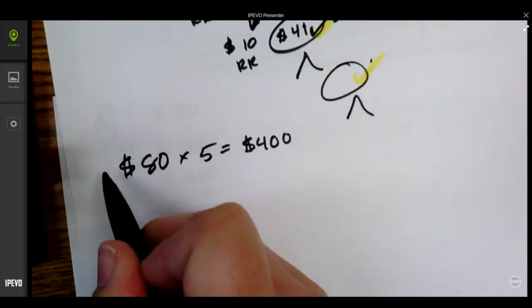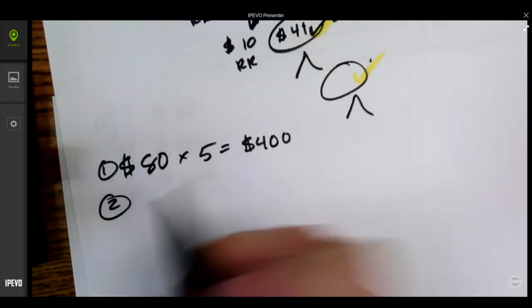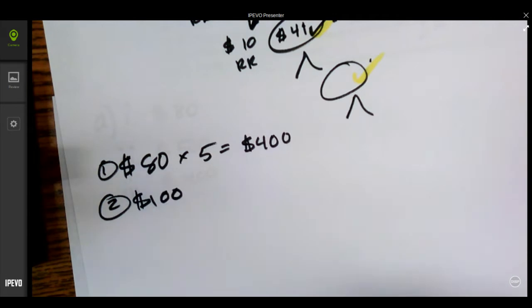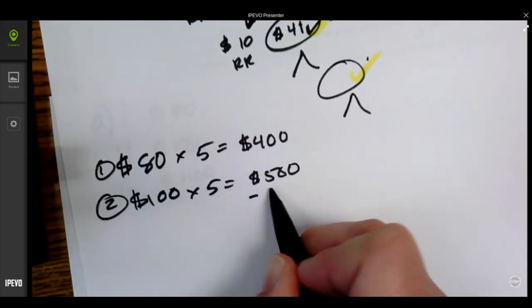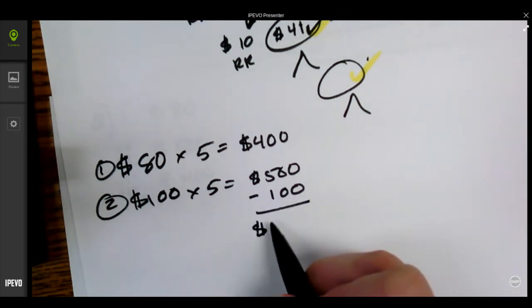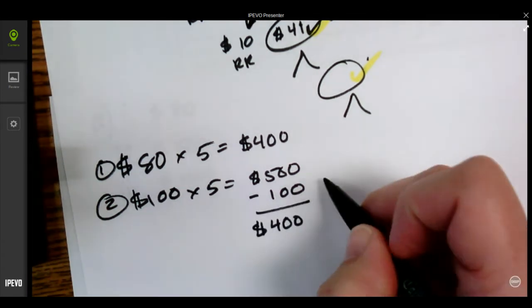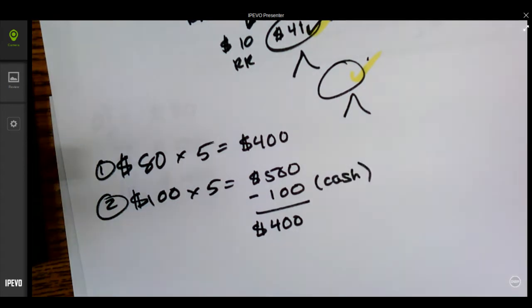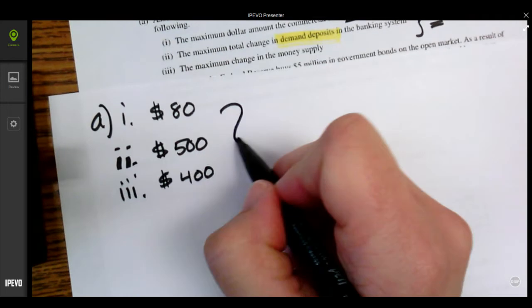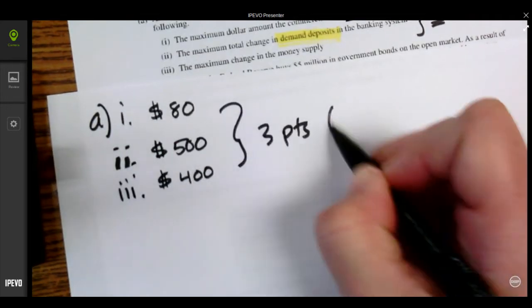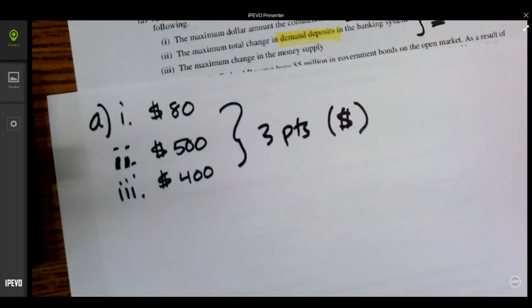Or you can try the second method. You can take her entire deposit, which is $100, times 5, which equals 500, and subtract the $100 that was already in the money supply that she had in cash. And you still get the same end. So here we go, 3 points right here, and they were all dollar amounts, just like we predicted.